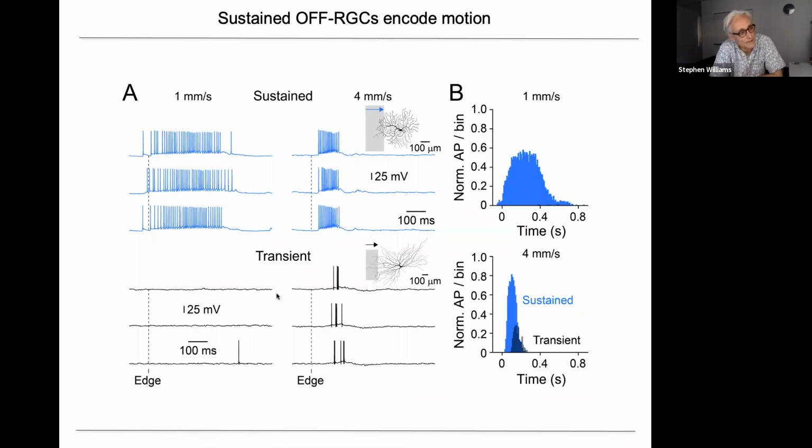The transient off ganglion cells, in contrast, are completely disengaged. They're just not interested in such moving light stimuli. And indeed, only when the speed of the stimulus gets faster and faster are transient off ganglion cells engaged.